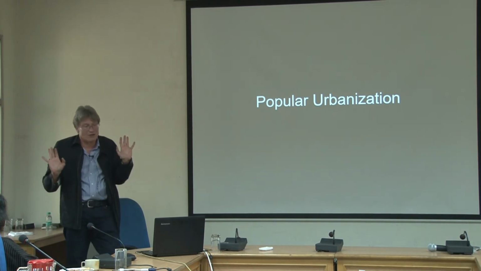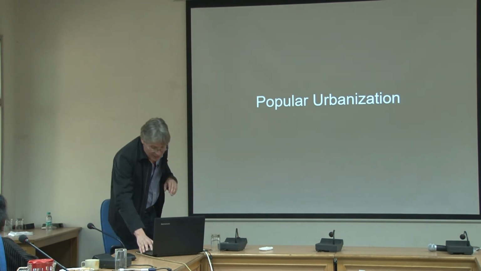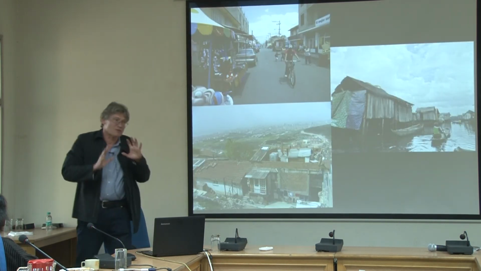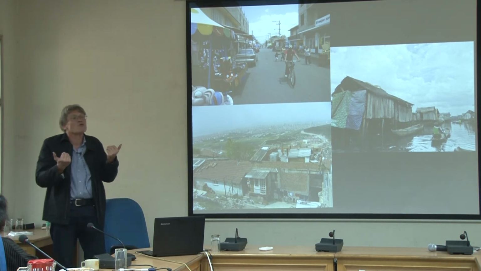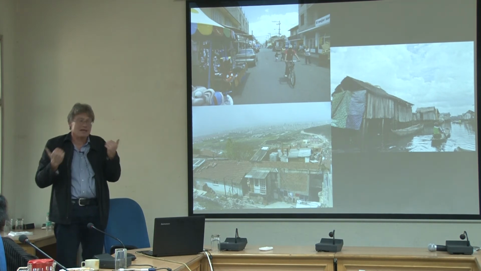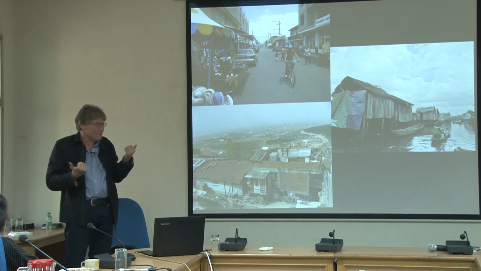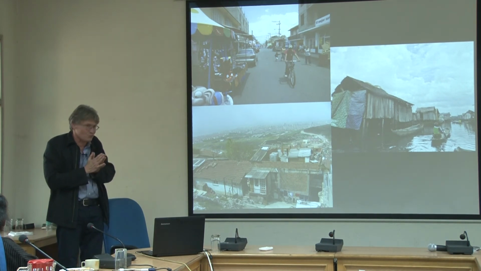And so we started with a process very much inspired by Latin America, with a process that we then called popular urbanization. In fact, it comes from the term urbanisation popular, which was used in Mexico, for instance. But it is a process that we then defined in a different way.